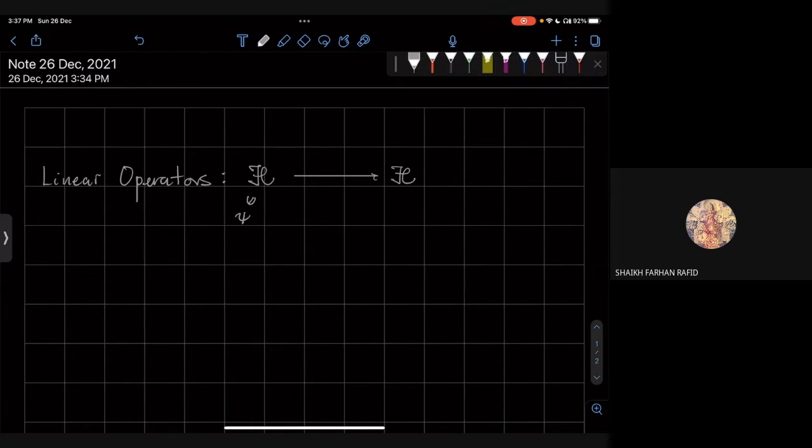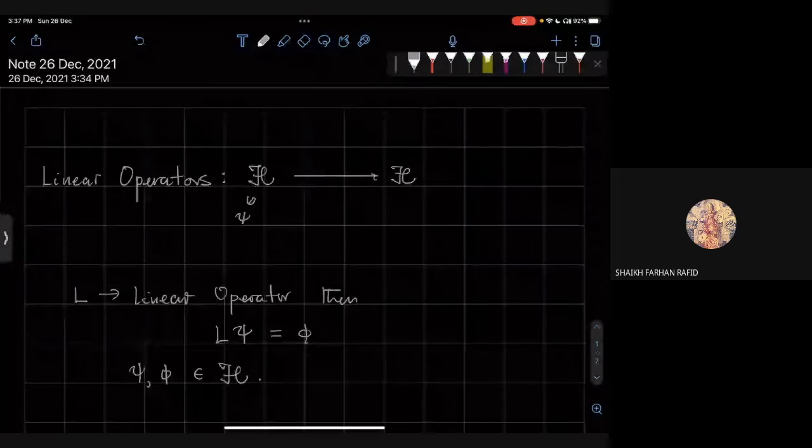So if L is a linear operator, then L acting on psi, where psi is an element of H, gives you another wave function phi. So both psi and phi are in my space of states.